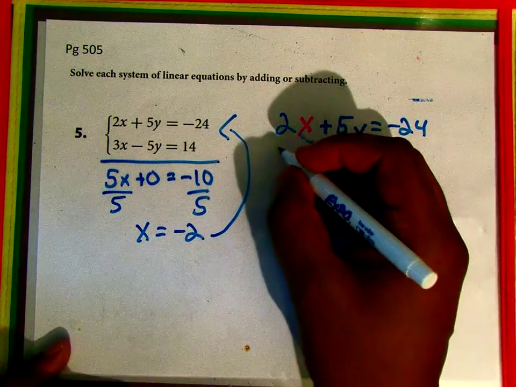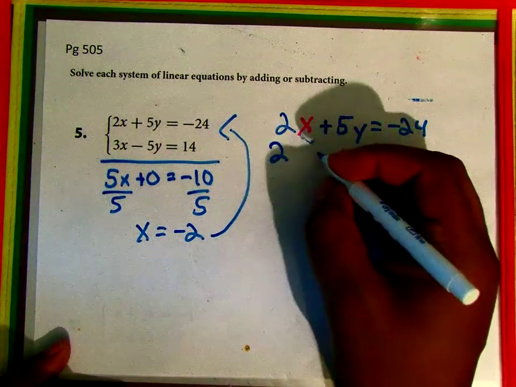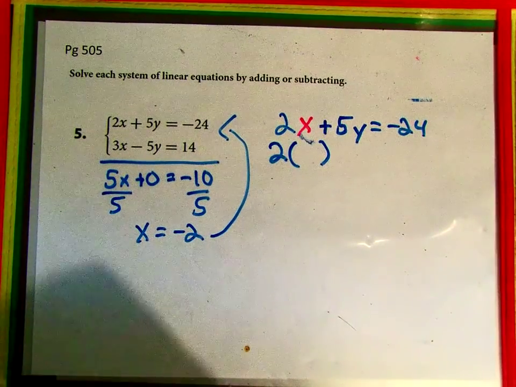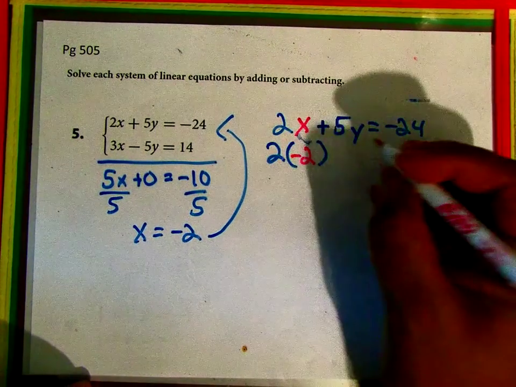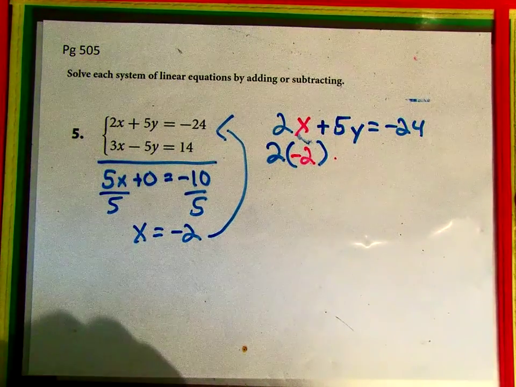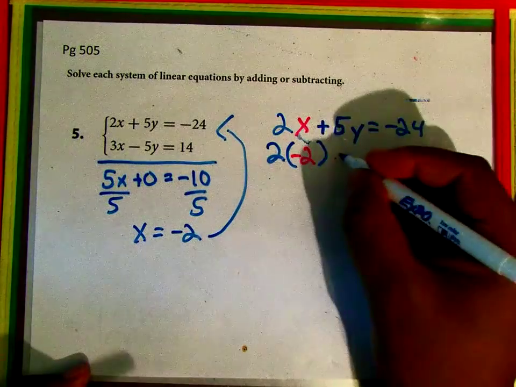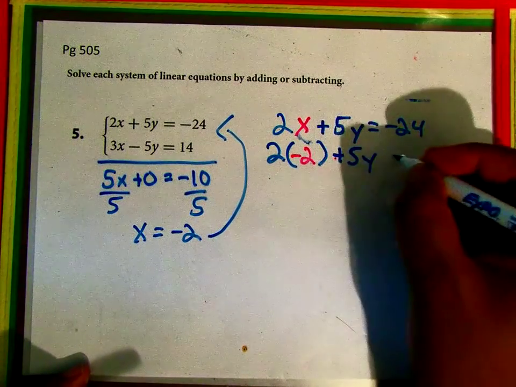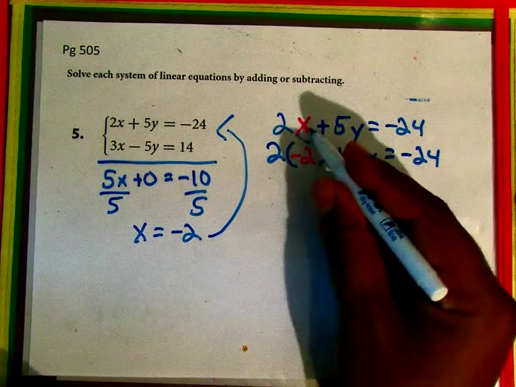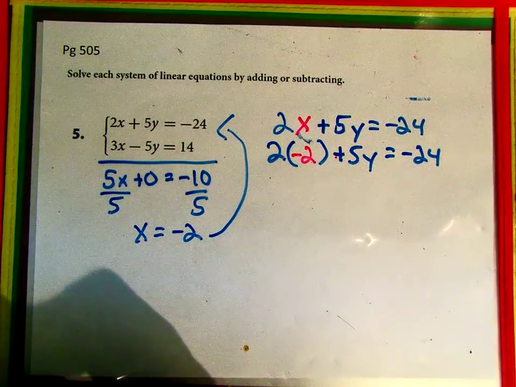And we'll have 2 times the x, which is negative 2, plus 5y equals negative 24. So we're replacing the x with negative 2.